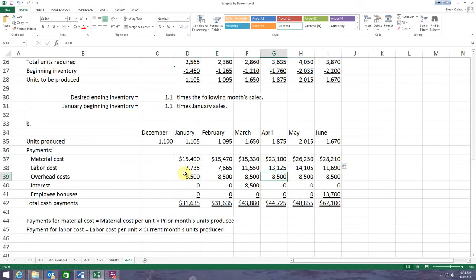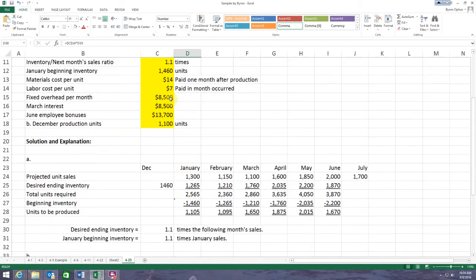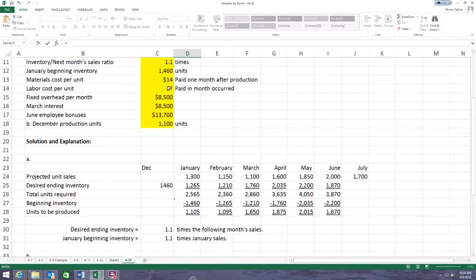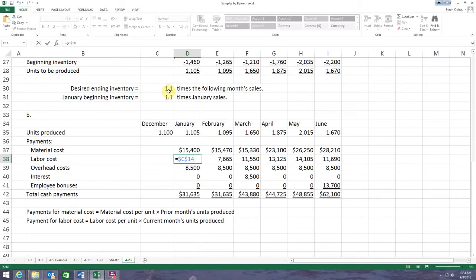My labor cost then is actually incurred in the month that I produced those units, and it's $7 per unit, and so I just need to say this is equal to my $7, and again I'll hit my F4 for my dollar signs, times my units produced for that month. Okay, and drag that one down.